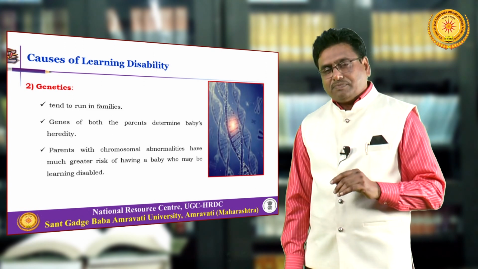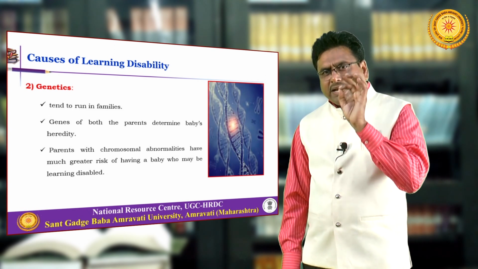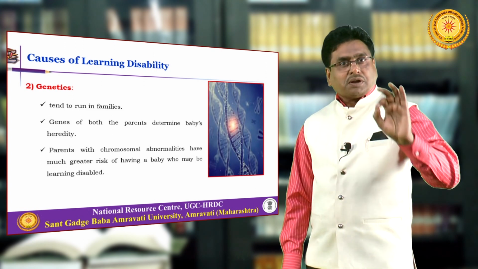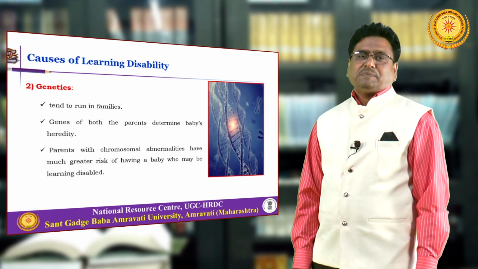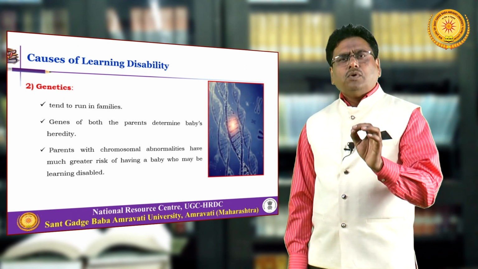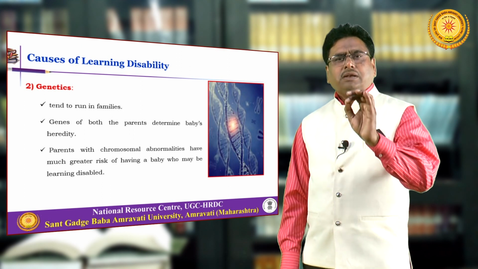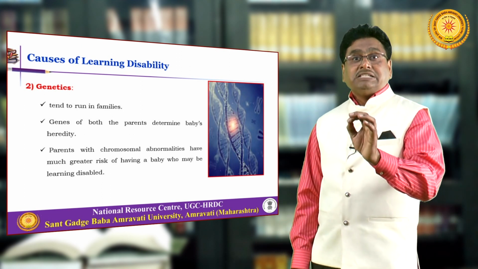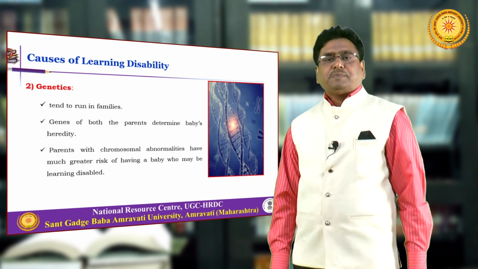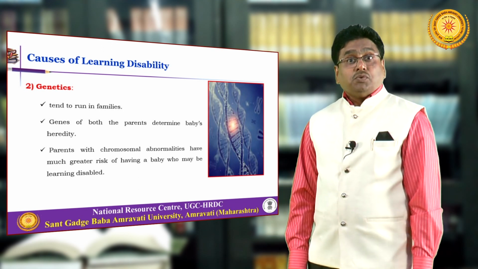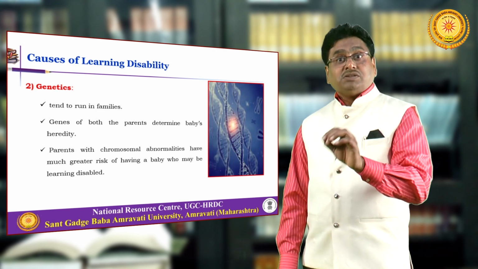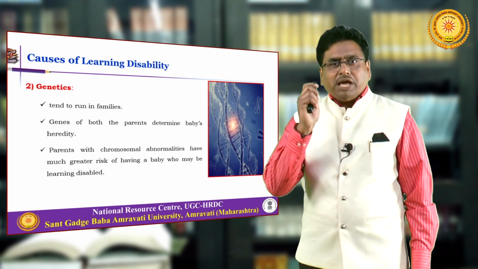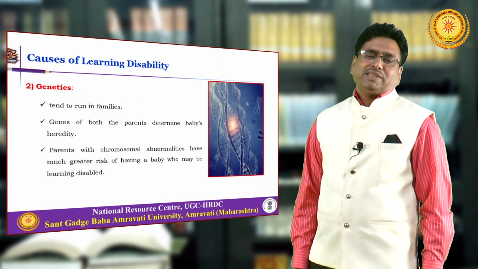The second cause of learning disability is genetics. Learning disabilities tend to run in families. Children who have a parent with a learning disability are more likely to develop a learning disability themselves. There may be a genetic link that causes people in families to have learning disabilities.